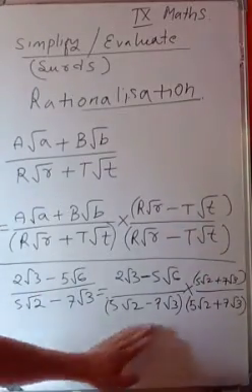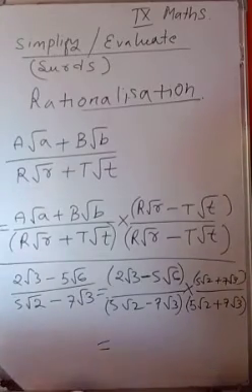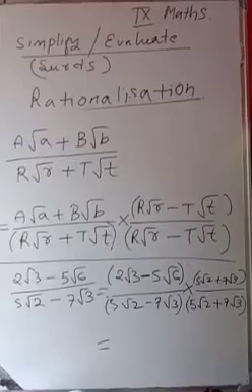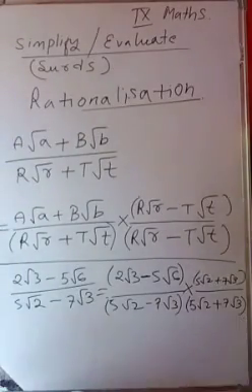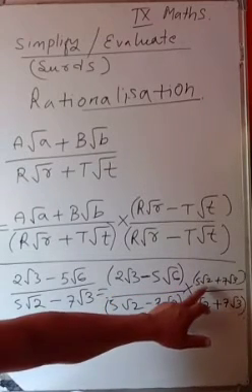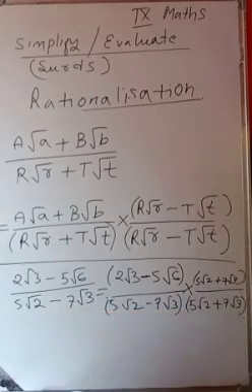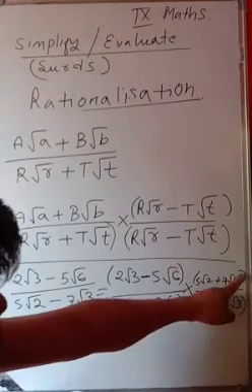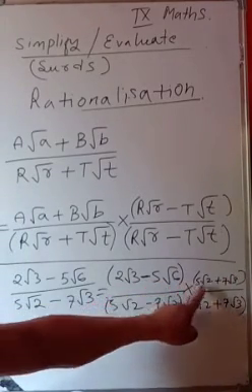Now you have to multiply, then you will get the next line, and then you can find the value. Let's see the next line of simplification. Here is 2 root 3 minus 5 root 6 multiplied by 5 root 2 plus 7 root 3. So 2 root 3 multiplies both terms, and again minus 5 root 6 multiplies both.